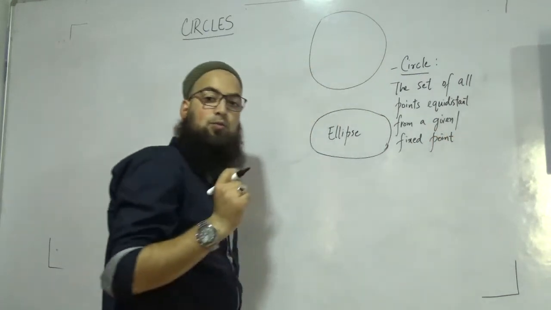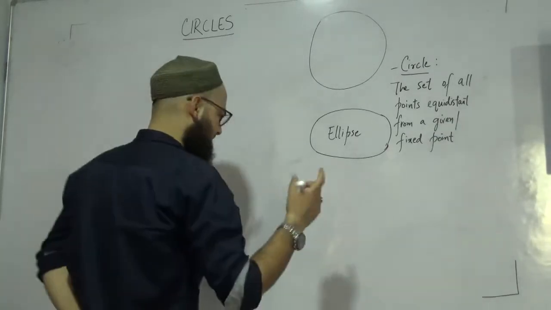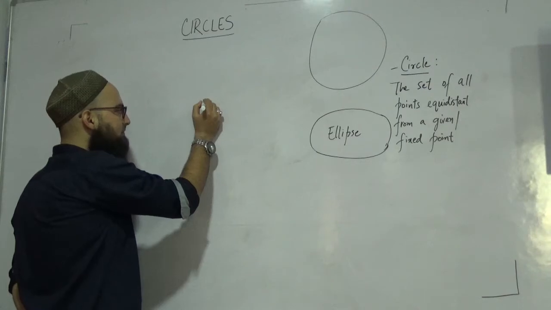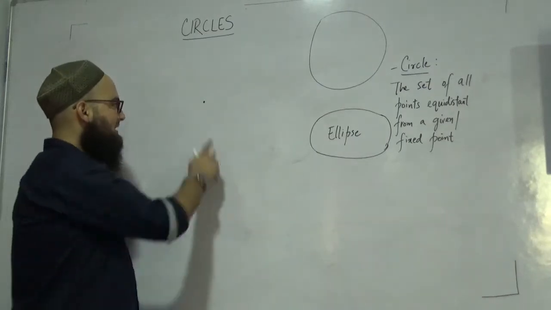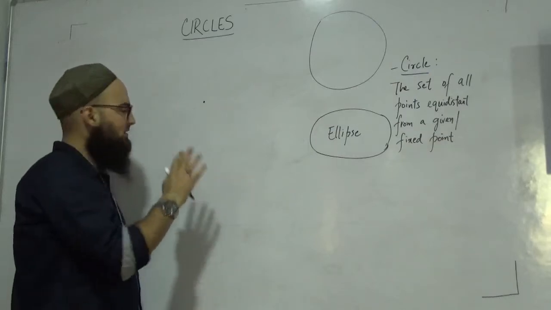The set of all points equidistant from a given or fixed point. What does that mean? For example, I have a point. This is my given point, or you can say fixed point. The point is fixed or it's given.